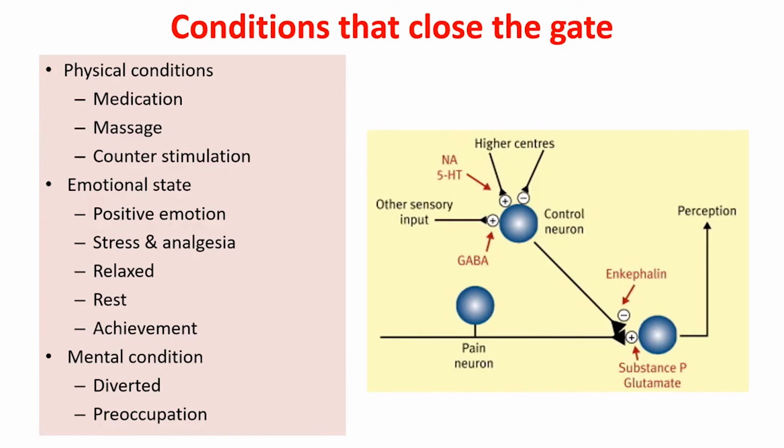In case of emotional state, the positive emotions block the pain. Positive emotions descend down from the reticular system and from the descending projections coming from the hypothalamus or the limbic systems.